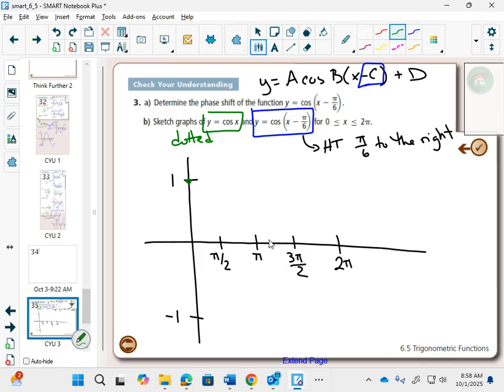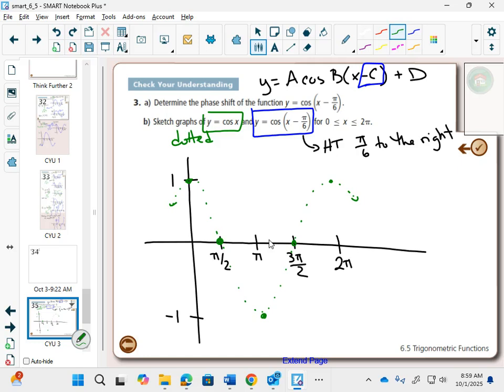Cos starts at a maximum, so I'll draw the green dot at a maximum, then center line, then minimum, then middle, then maximum. And I'll draw this dotted, because that dotted graph is going to help us draw the blue graph.